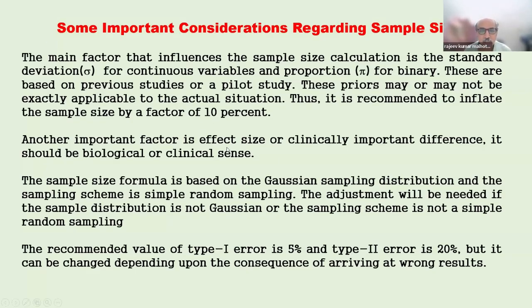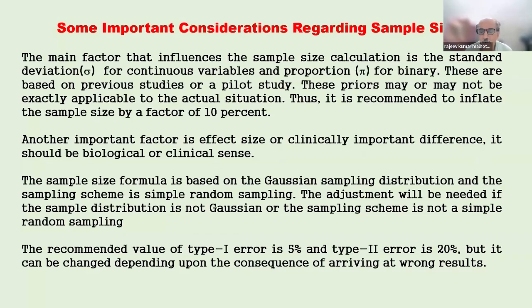Another important factor is the effect size or clinically important difference. It should make biological or clinical sense. The clinically important difference you are taking should make biological or clinical sense only. Taking an inflated effect size to decrease the sample size may not be good.